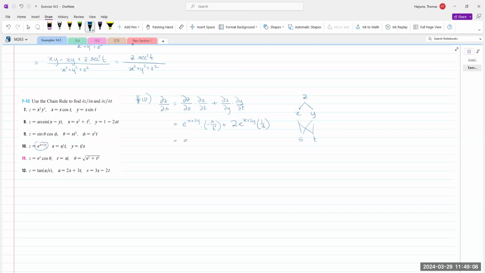Yeah, if I factor e to the x plus 2y out, then I will get 2 over t minus s over t squared. You can do the LCD thing if you want to, but actually, in my opinion, it's good enough there.